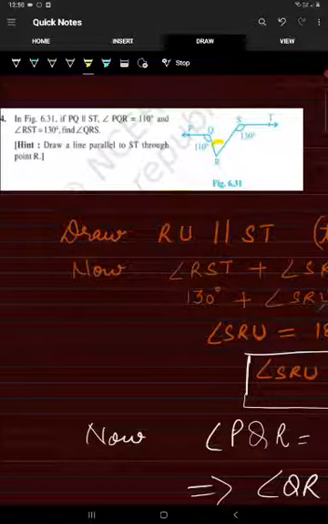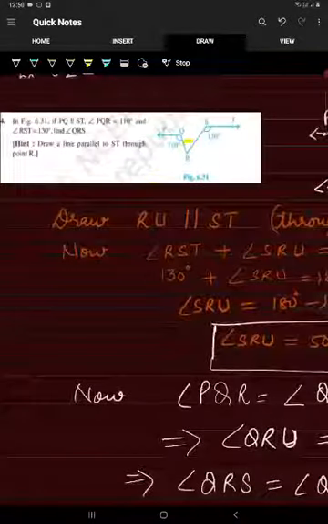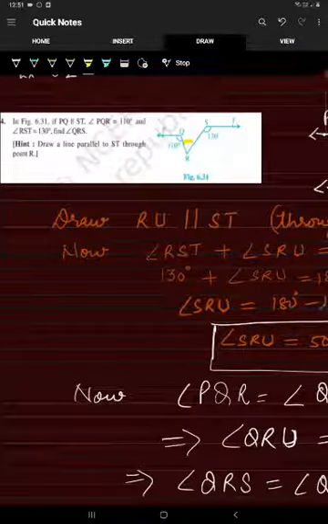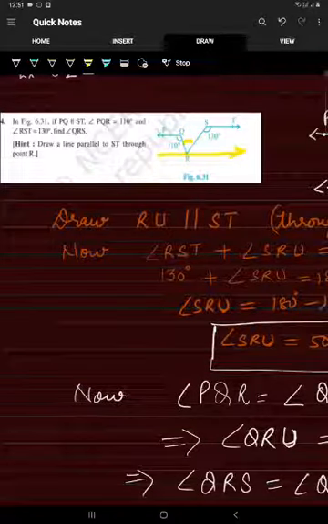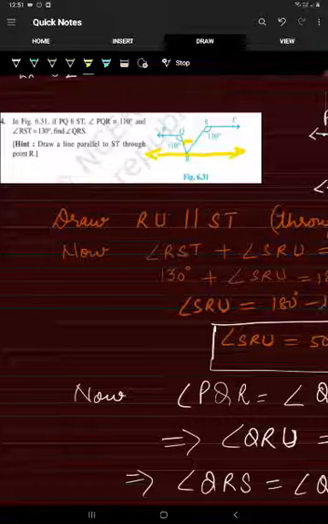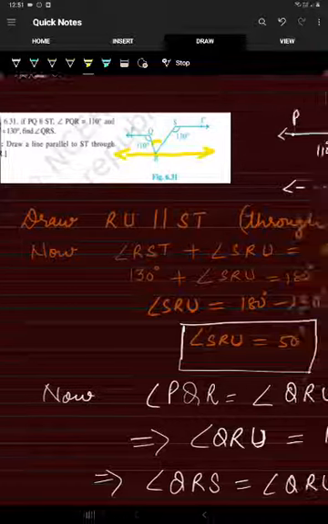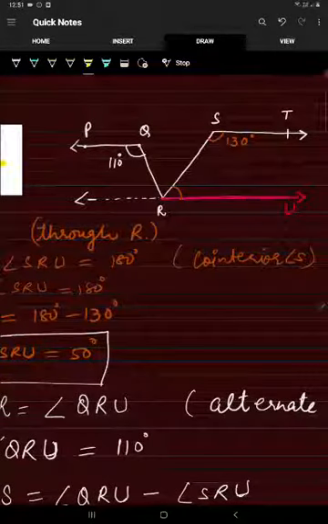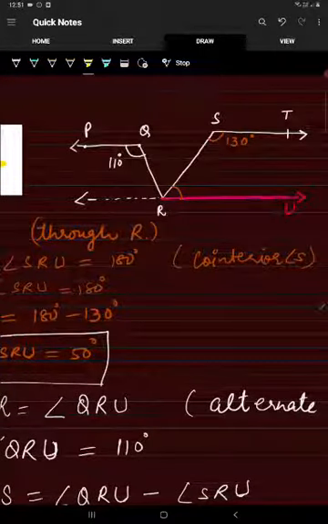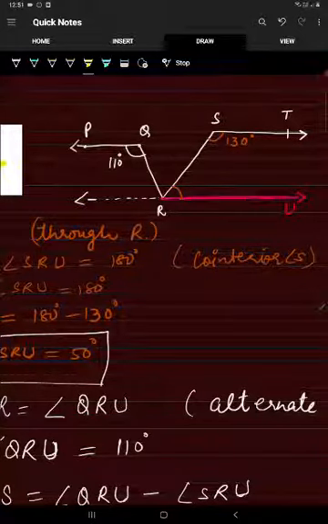We need to find this angle. Also in the NCERT a hint is given to us. They said that we can draw a line through R which is parallel to this line ST. Let us suppose I have drawn it here. Through R I have drawn a line RU, and name it as X also.